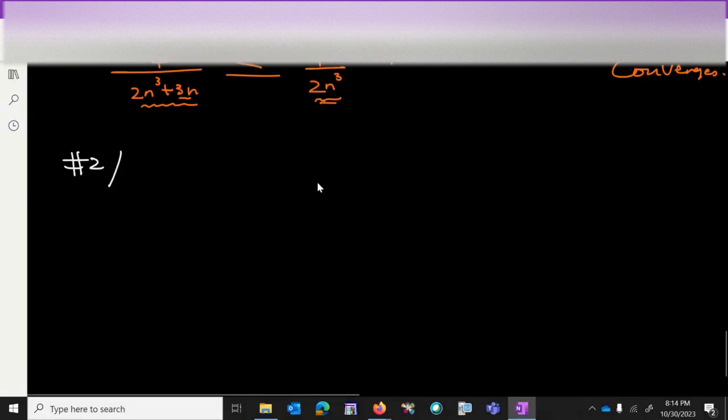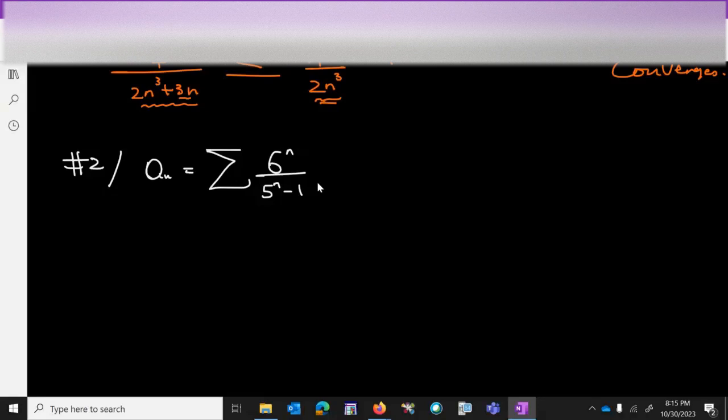The series is given as follows: the series a sub n is equal to the summation of 6 to the power of n over 5 to the power of n minus 1. So we are going to tell if this converges or diverges. What will happen to this one? Does this converge or diverge?